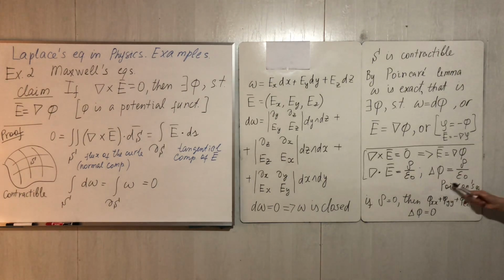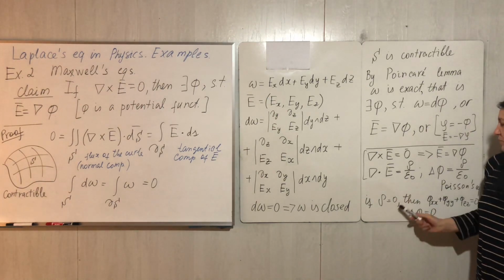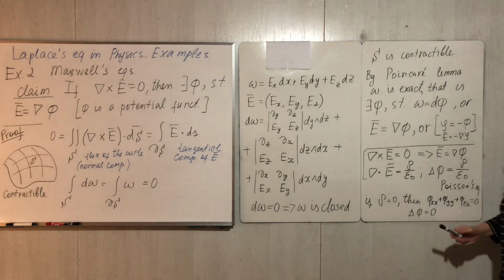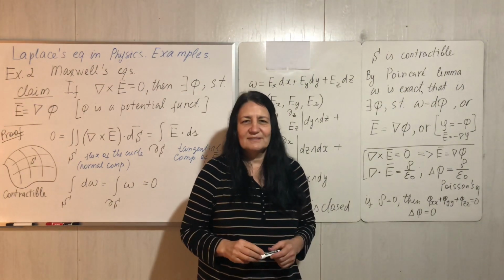And that is Poisson's equation. Depending on which phi we choose here, we might get a minus, but if there are no charges, if rho is 0, then for phi we have Laplace's equation.